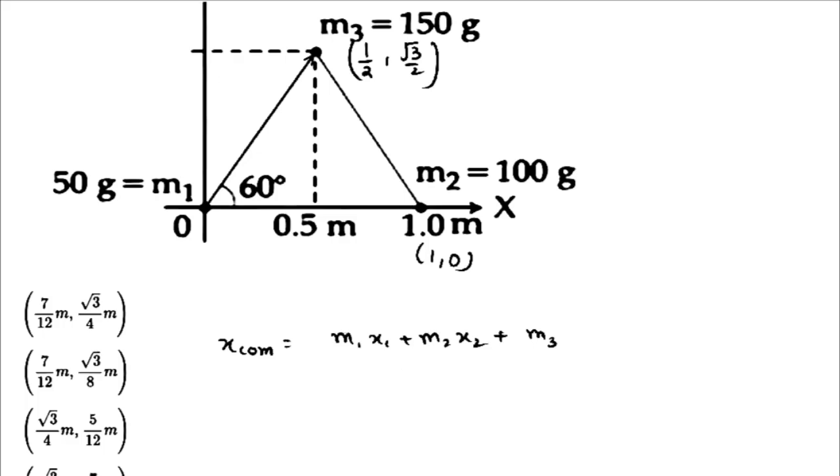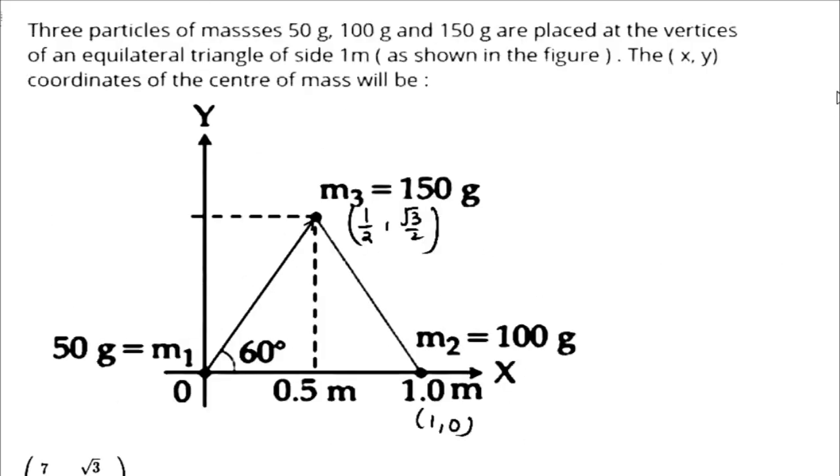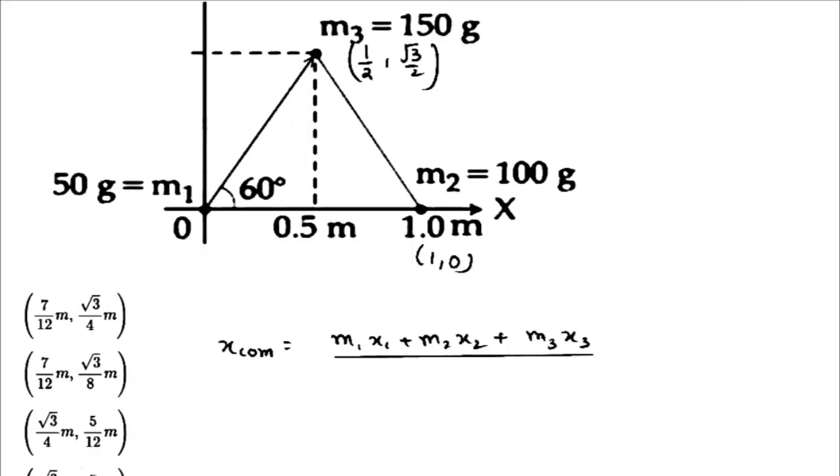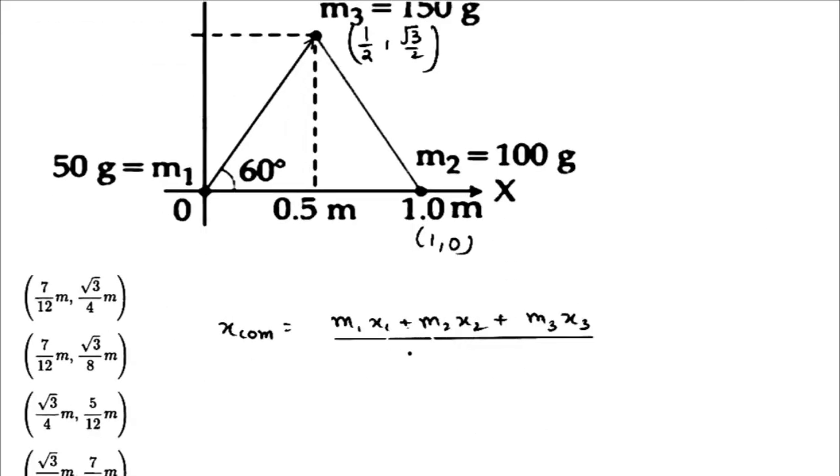If you see here, the total mass of this system is 50 plus 100 plus 150, it is 300. So I will write down m1 plus m2 plus m3.